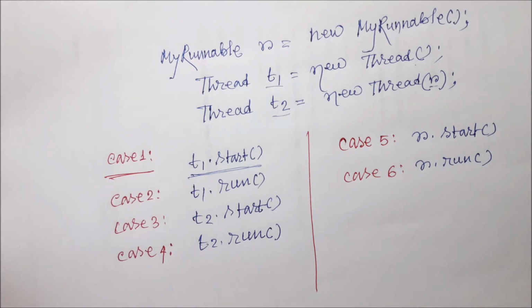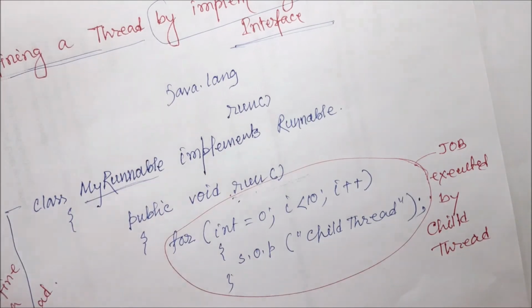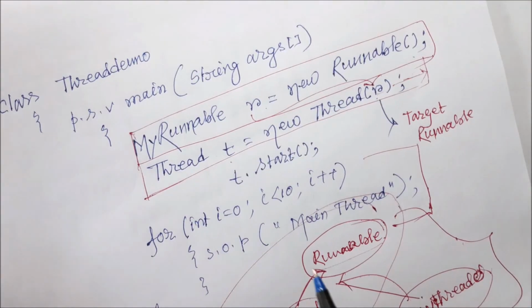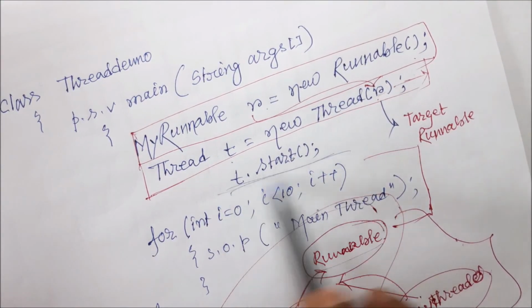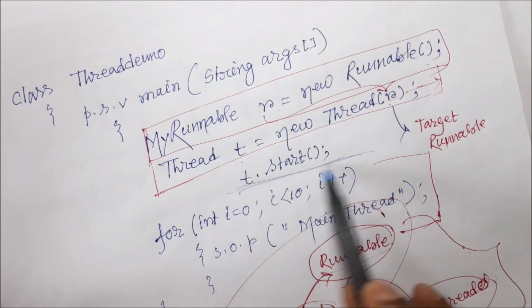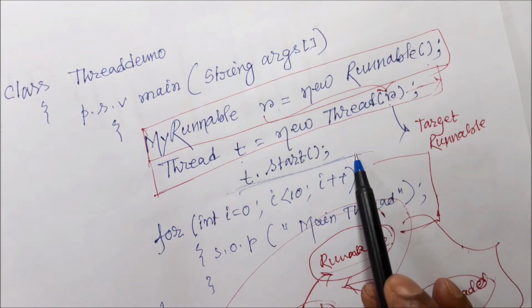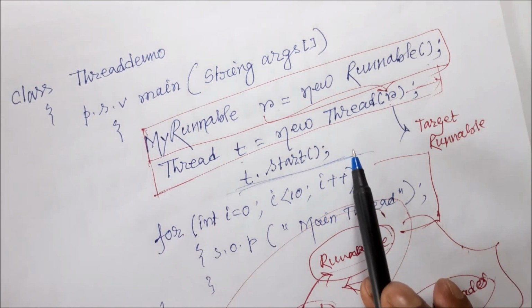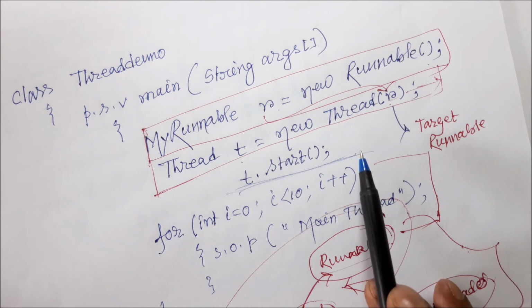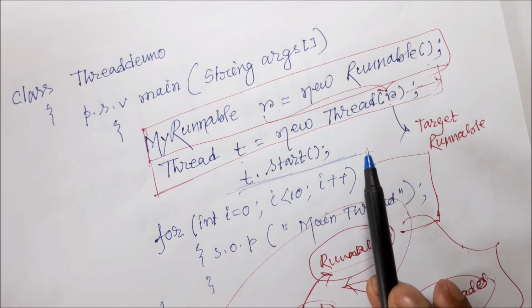When we call t1.start, it calls the Thread class start method, which calls the Thread class run method, and the Thread class run method is an empty implementation. So there is no output.